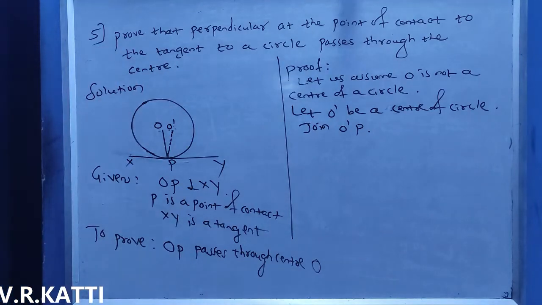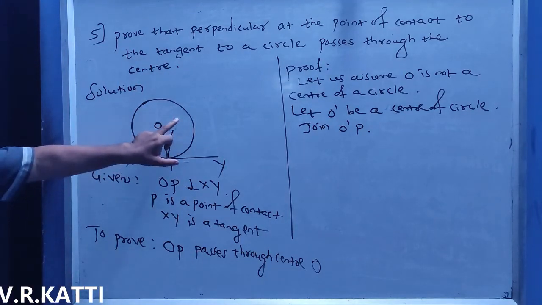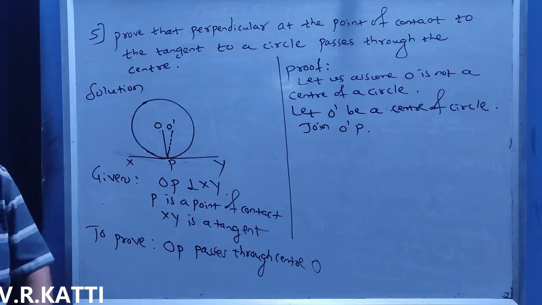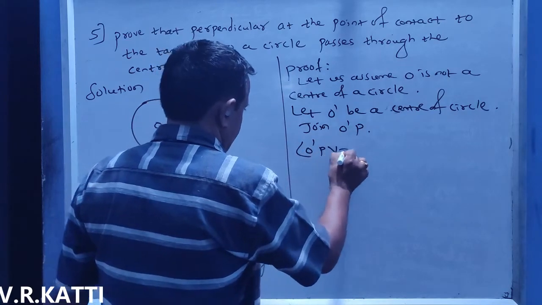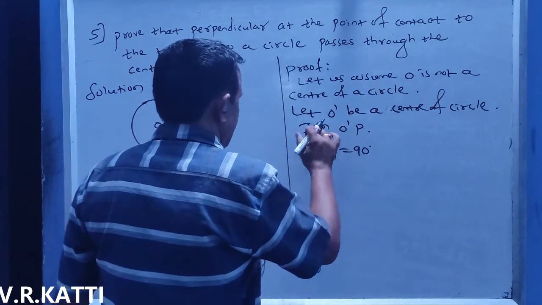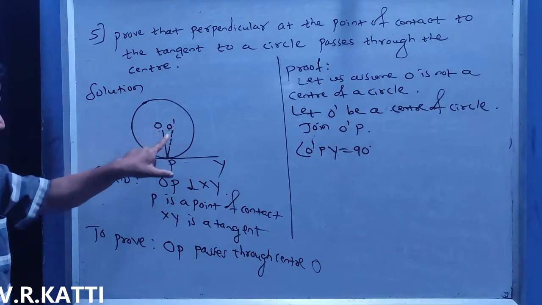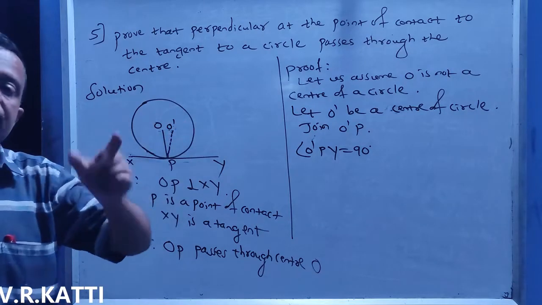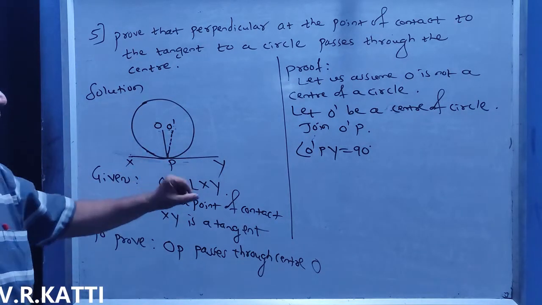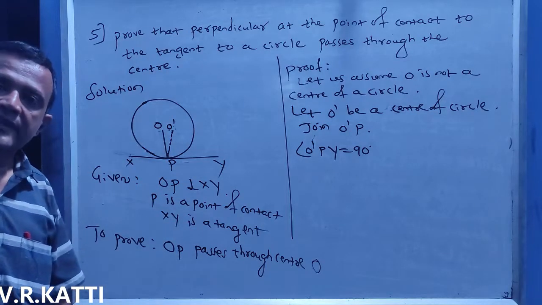If you consider O dash is the center of the circle, then angle O dash PY is 90, because O dash P becomes a radius and PY is a tangent. So angle O dash PY equals 90.